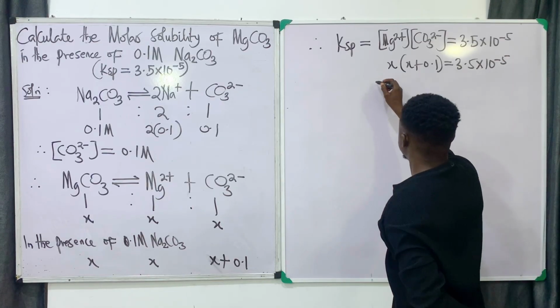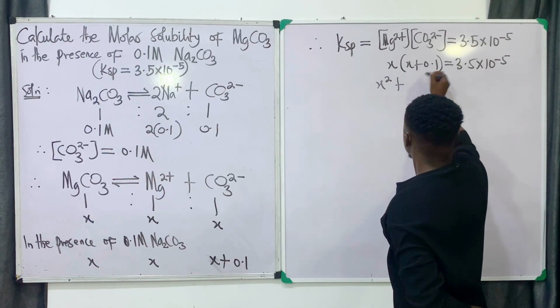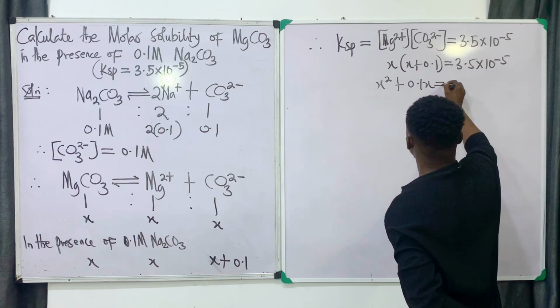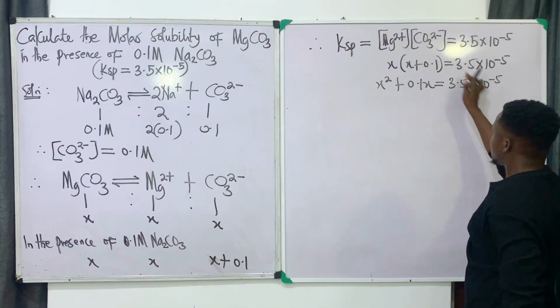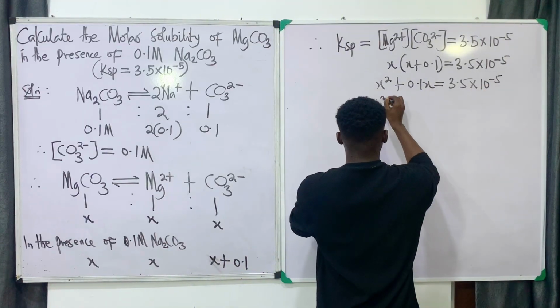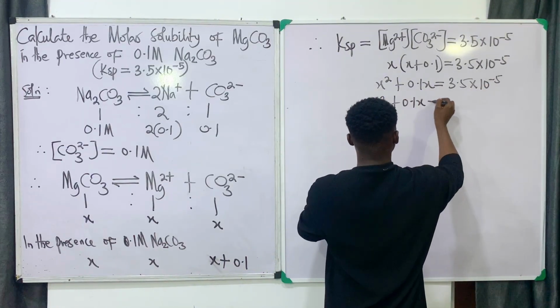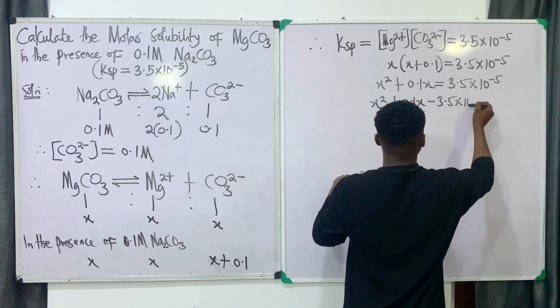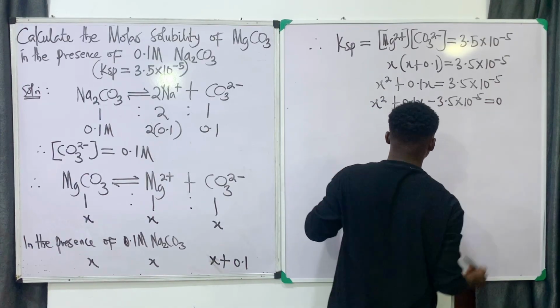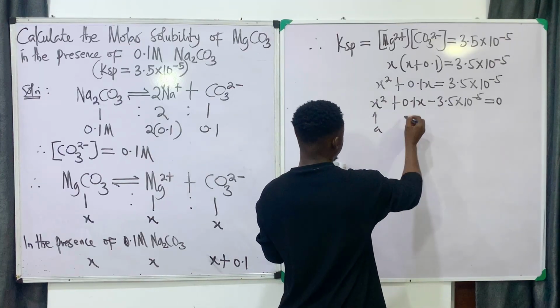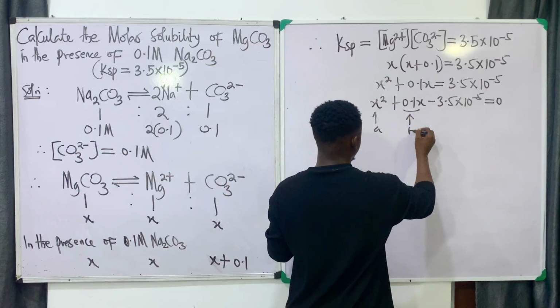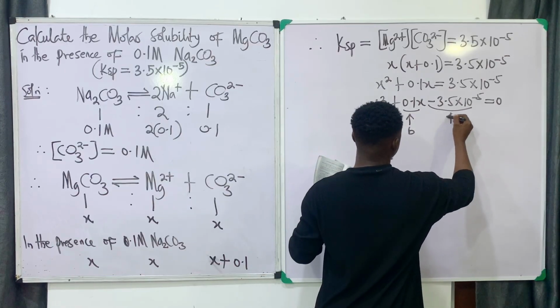So this is X times X, X squared plus 0.1X equals 3.5 times 10 to the minus 5. Now when you bring this over, this becomes X squared plus 0.1X minus 3.5 times 10 to the minus 5 equals 0. When you solve this using the quadratic equation, this is my A, this is my B, and this is my C.